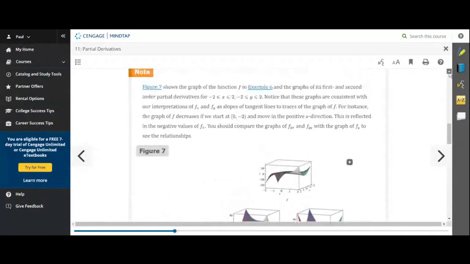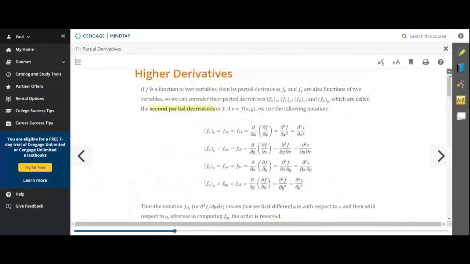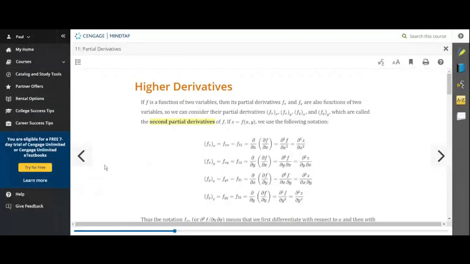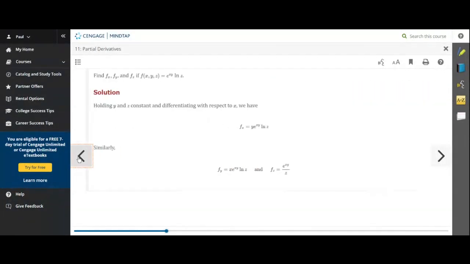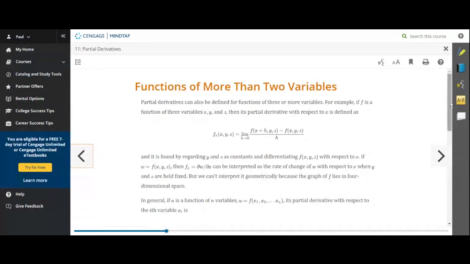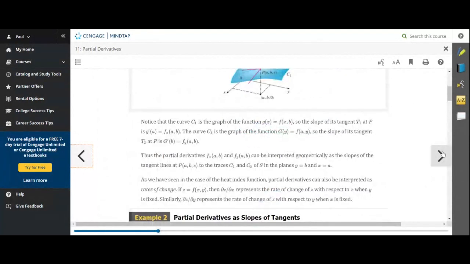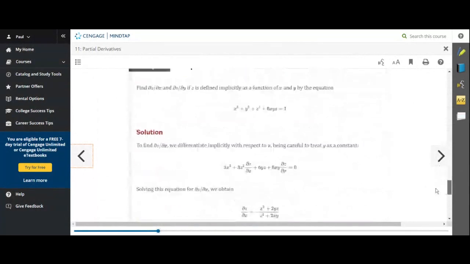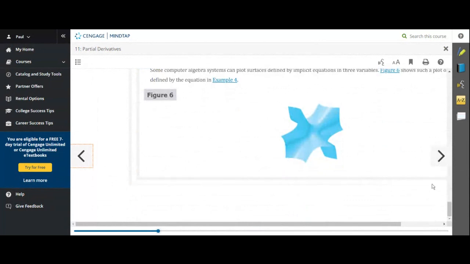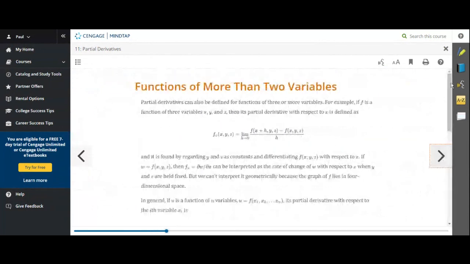Now, one more thing here. I want to give you a little time to work here, but there is, hold on here, I wanted to show you. Maybe I've got to go to the next page.